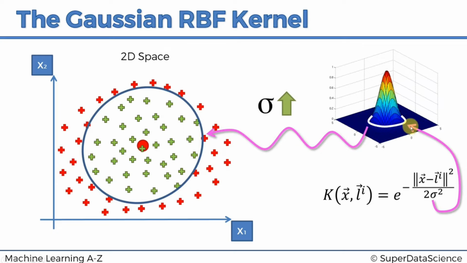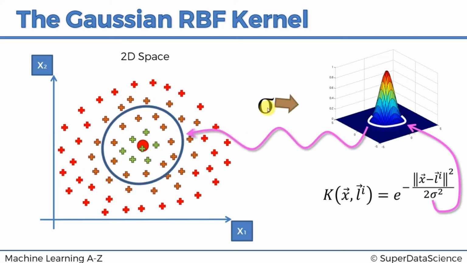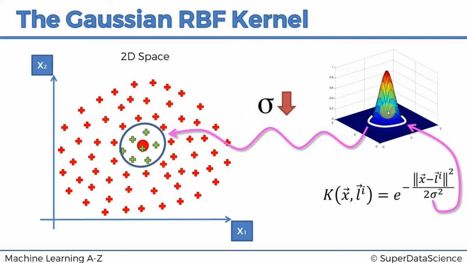The circumference here would increase, and you would take up more space. Or if you decrease sigma, the circumference will decrease, and therefore you'll take fewer points.